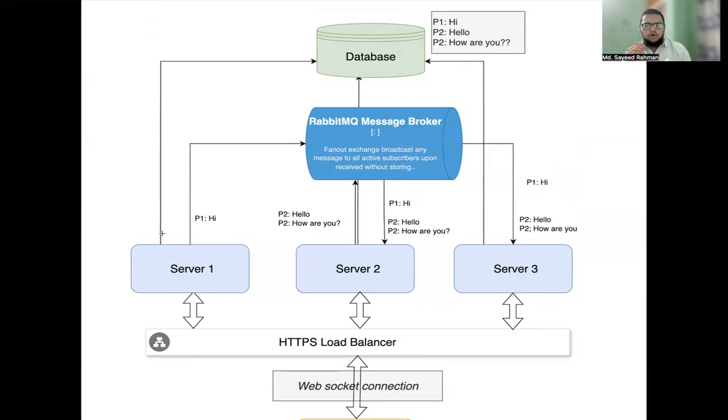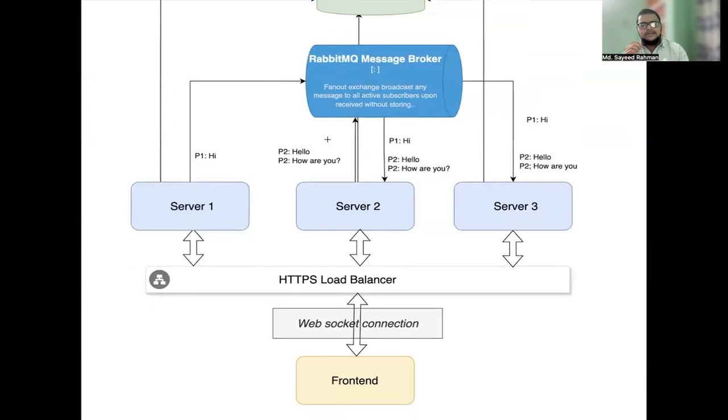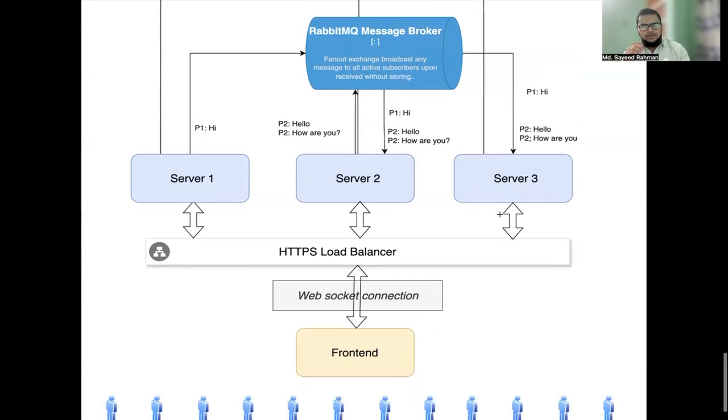So again, all the servers have received the message, hello, how are you. What the RabbitMQ fanout exchange is doing here is letting each and every available server get the latest message received in any of the servers, so that be it server 1 or server 2 or server 3, it has the collection of all the messages.